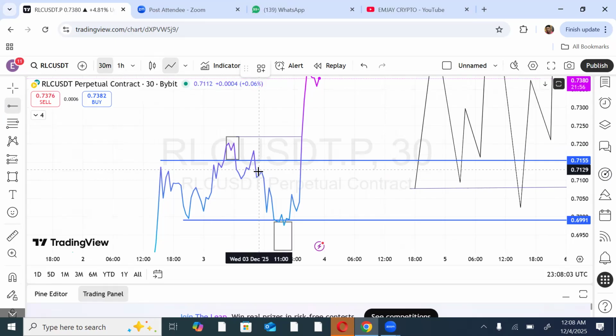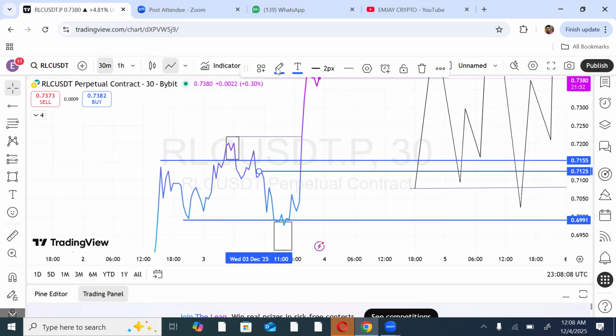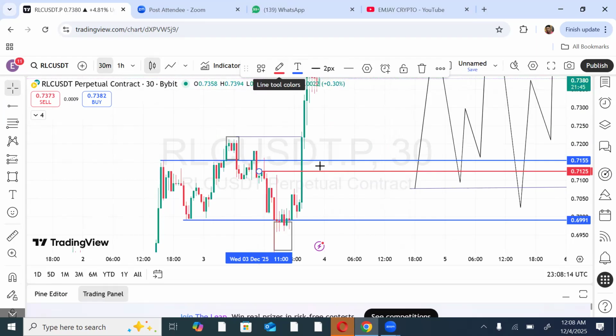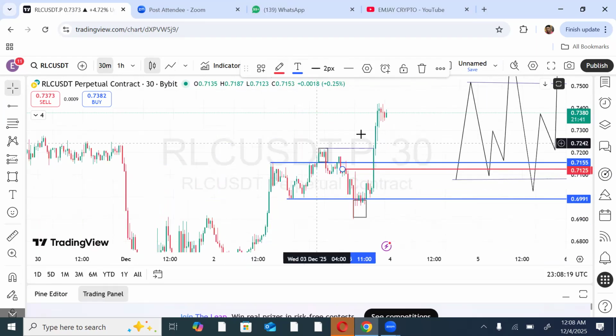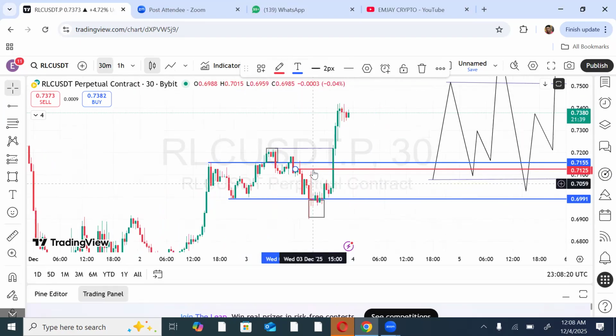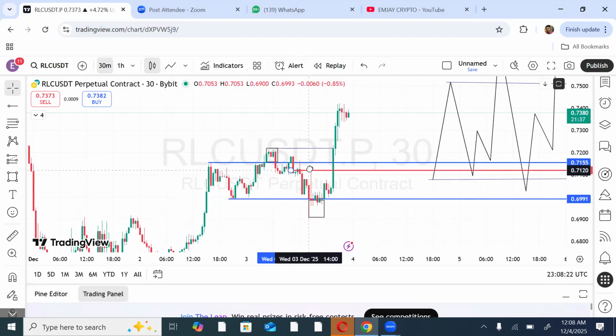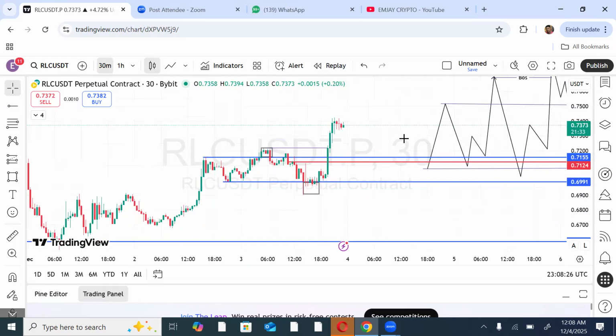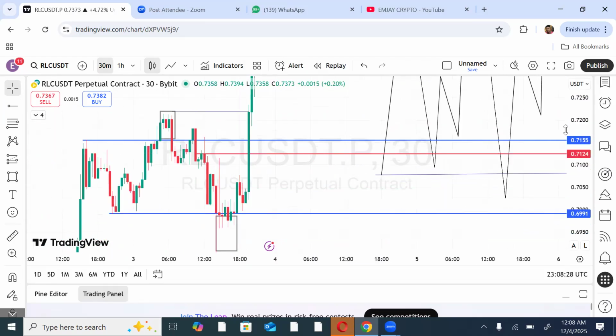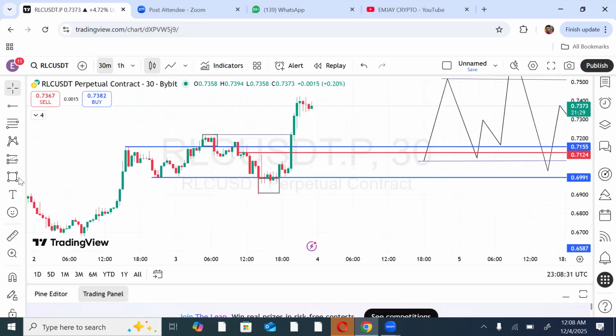You can see this one here. Put this on red, right? So this is going to be my entry for this level. I'll take this as my entry. I don't mind putting my stop loss right below here. So my stop loss could be there.